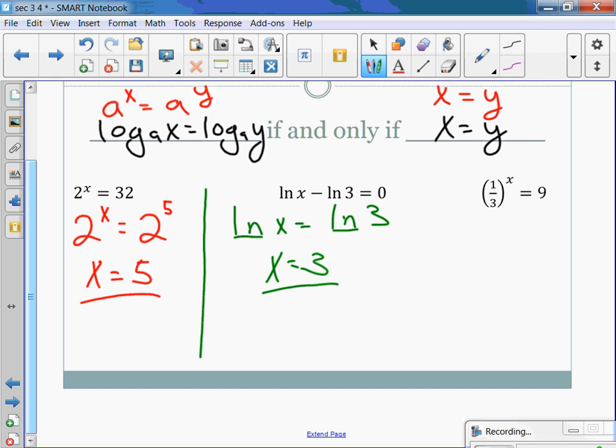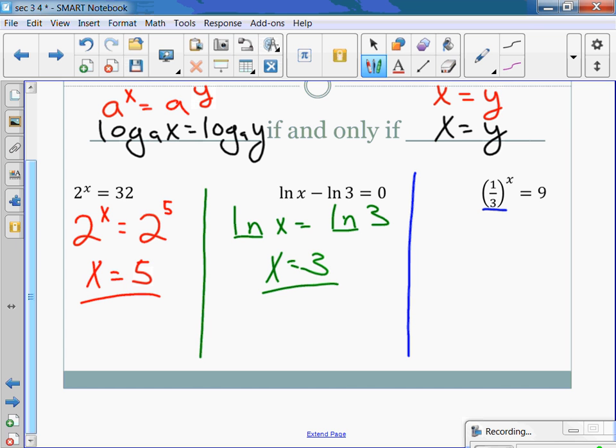And lastly, 1 over 3 raised to the x power equaling 9. I don't have the same base. What base would I look to try to do here? So how do I rewrite my 1/3? 1/3 is 3 to the negative 1, moving the 3 up to the top.